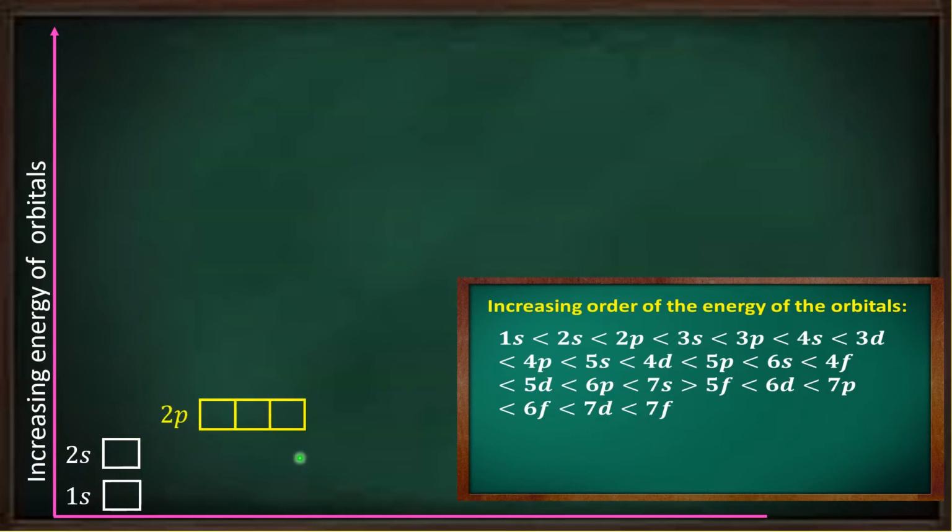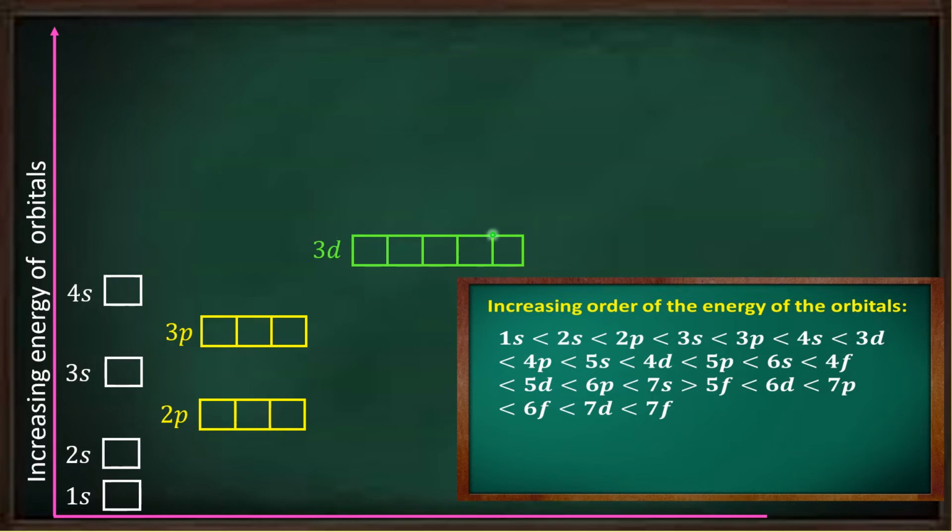Next, 2p orbital. Next, 3s orbital. Above that, we have 3p orbital. Next, 4s orbital. Above that, we have 3d orbital. Next, 4p. Next, 5s.